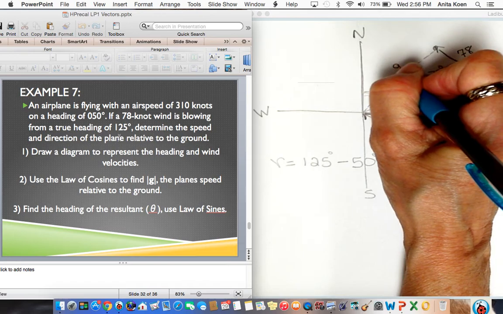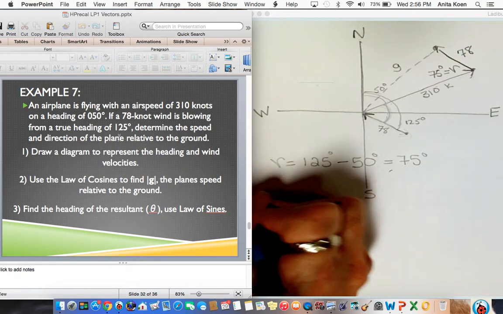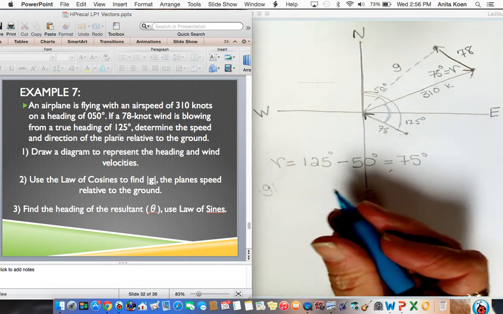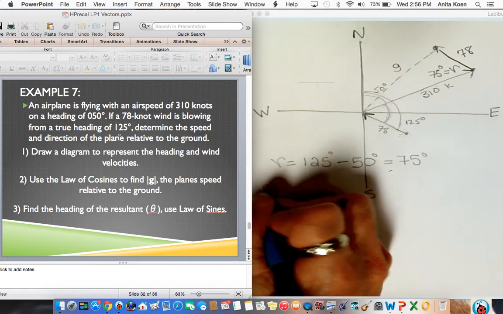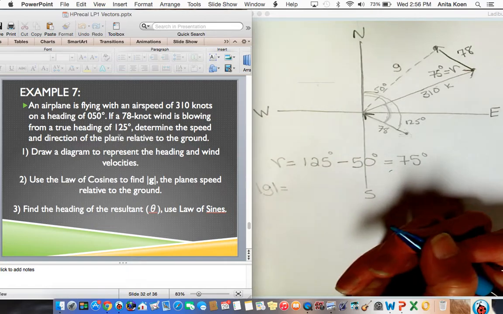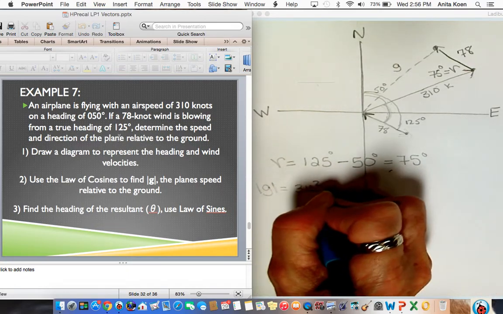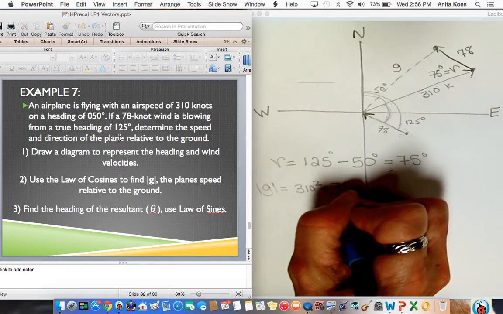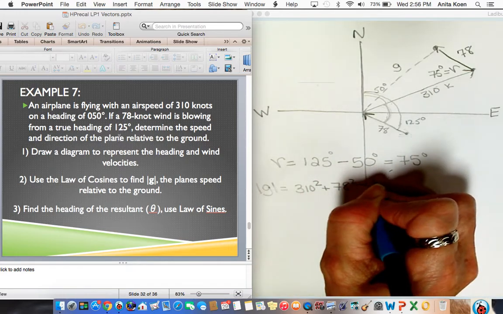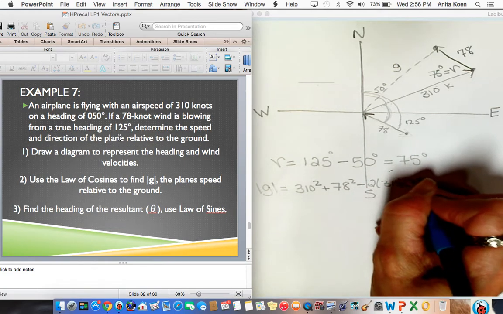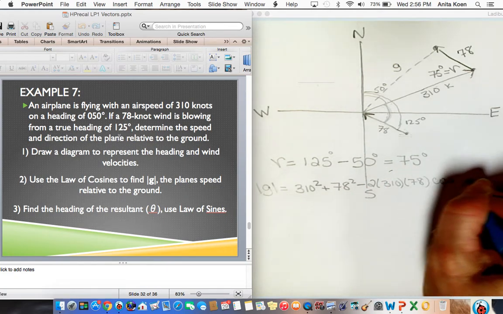We're going to call this g over here. So the magnitude of g is equal to 310 squared plus 78 squared minus 2 times 310 times 78 times the cosine of 75 degrees.